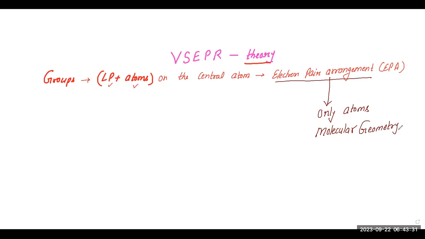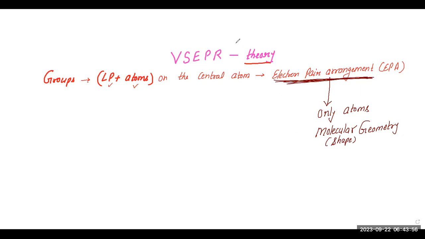You know that they are going to repel each other, so they will arrange themselves to have minimum repulsion. So these molecules have fixed geometries, shapes, molecular geometry, or you can call it shape. But to know this shape or the molecular geometry, we should know electron pair arrangement, right?